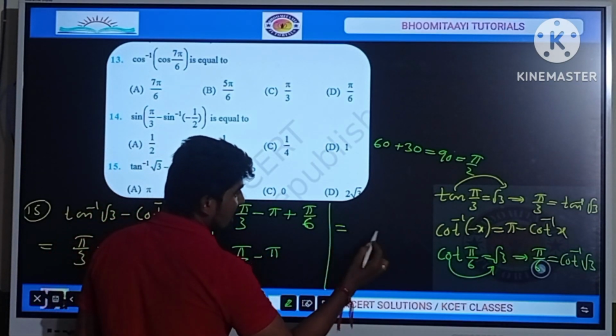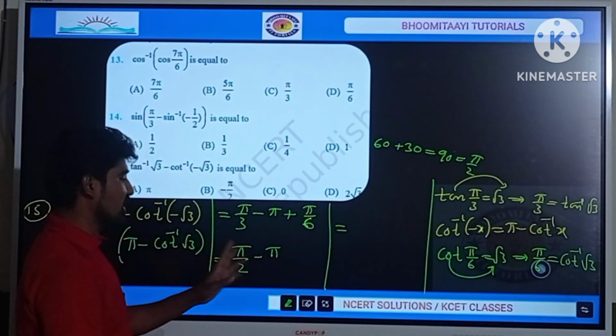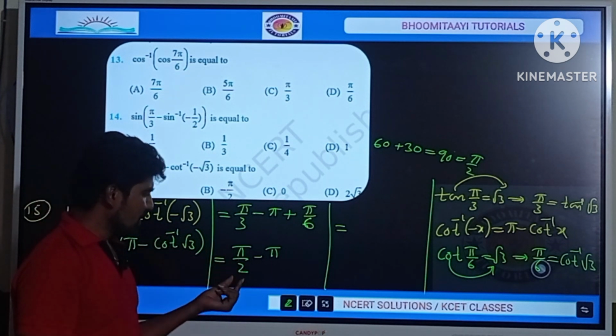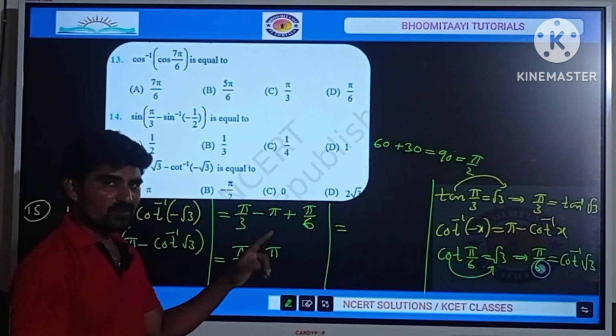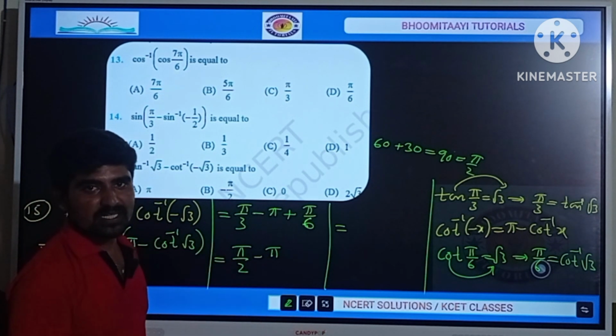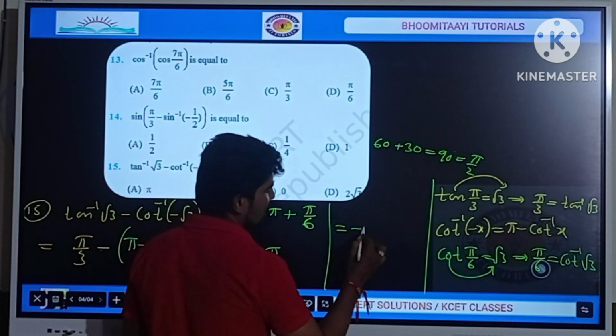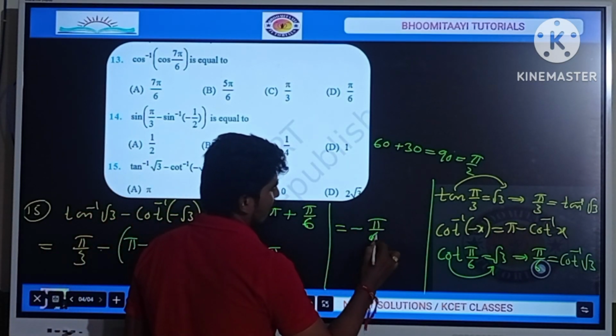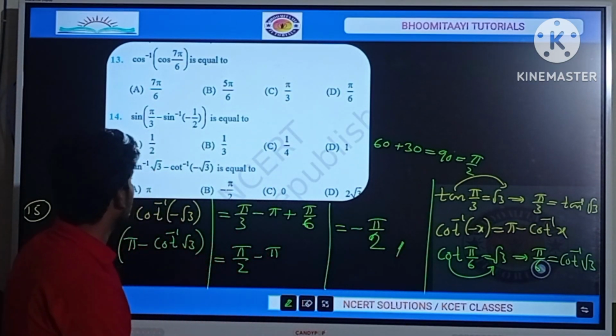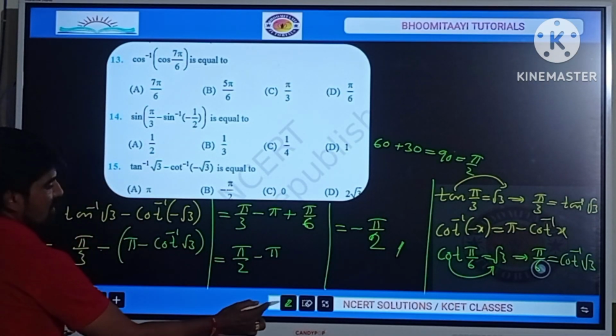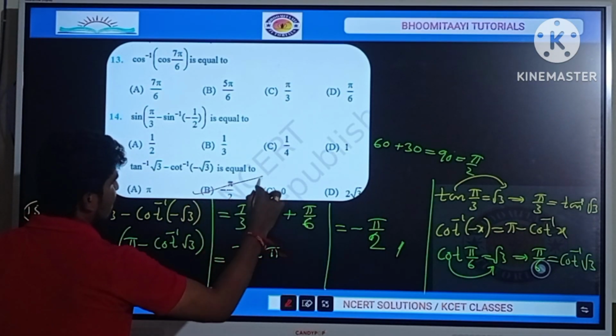Here also you may calculate by taking LCM or simply pi by 2 means 90 degree minus pi means 180 degree. So 90 minus 180 is minus 90. It is minus pi by 2. So therefore minus pi by 2 is the required answer. Here option B is the right answer.